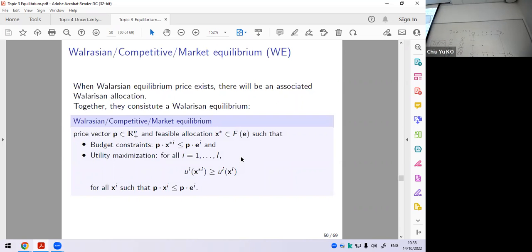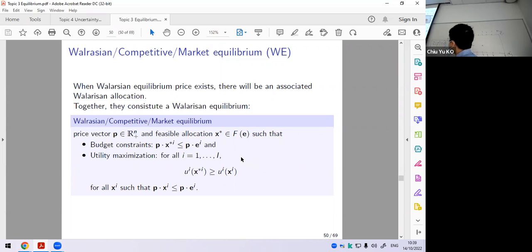So here we actually have the proof. There exists a price and a feasible vector that solve this problem, because this is in the Walrasian equilibrium. We have the excess demand less than or equal to this, and suppose we focus on the case where all prices are positive, which I think is a natural thing.